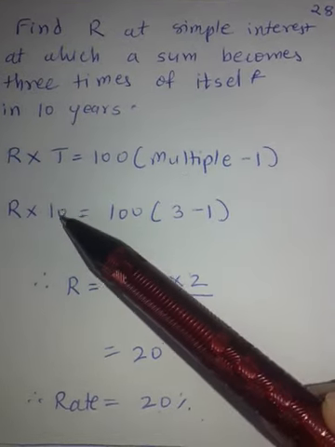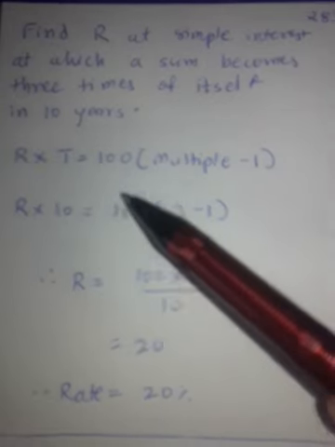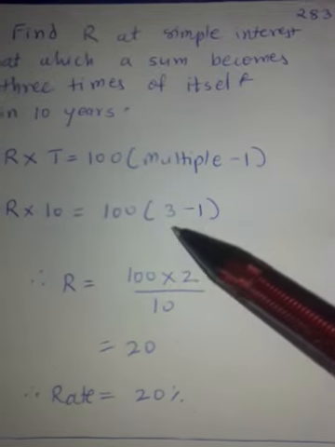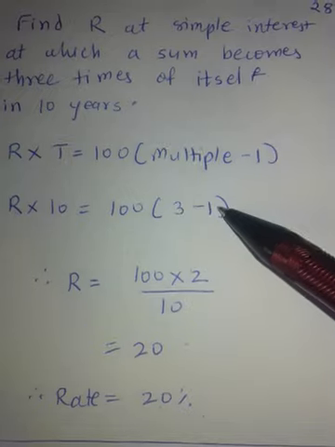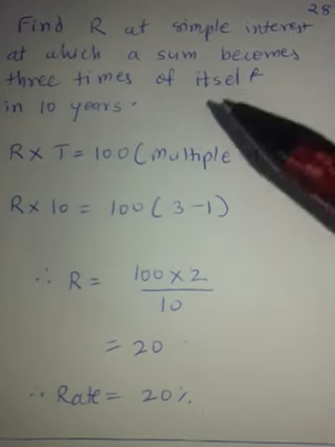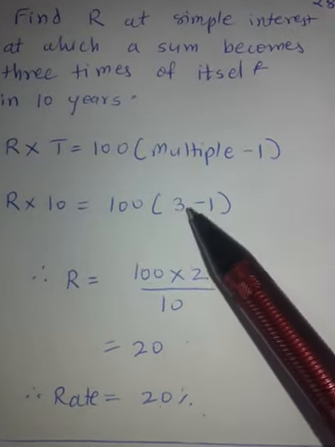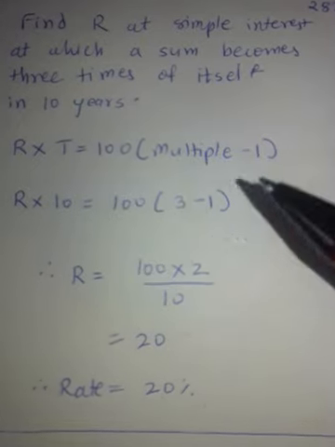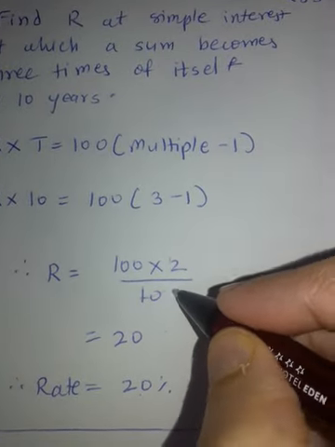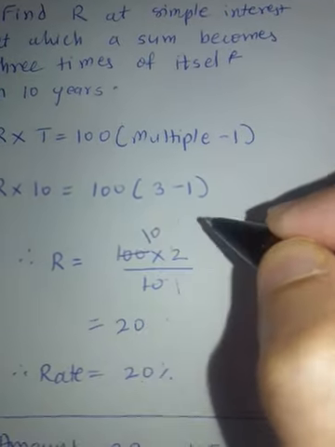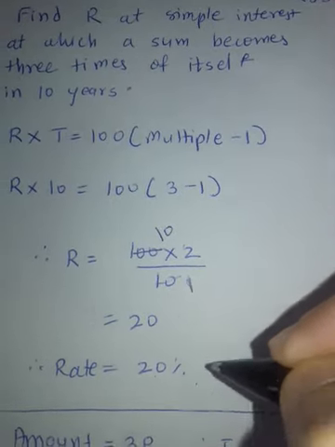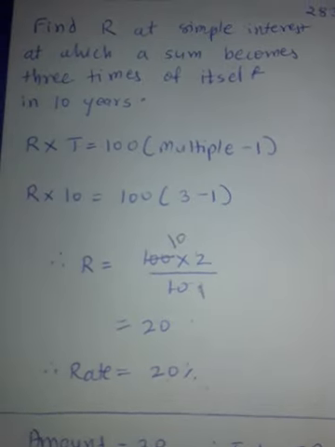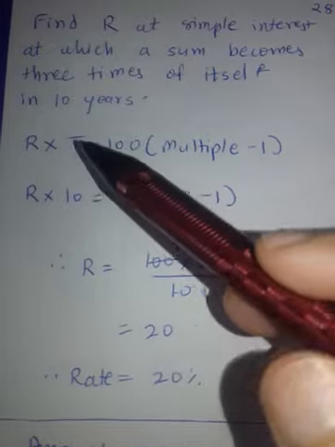So T is 10. 100. M is 3 times, so 3 minus 1. So substitute everything. R will be 100 into 2. This 10 will come to the denominator. 10 2s are 20. So the rate is 20%. Remember this formula.